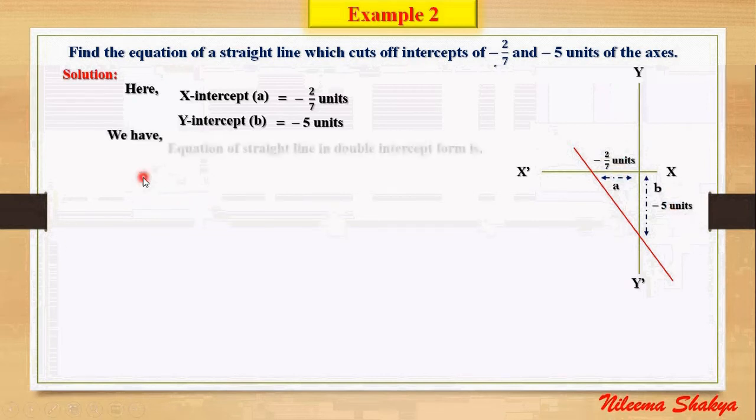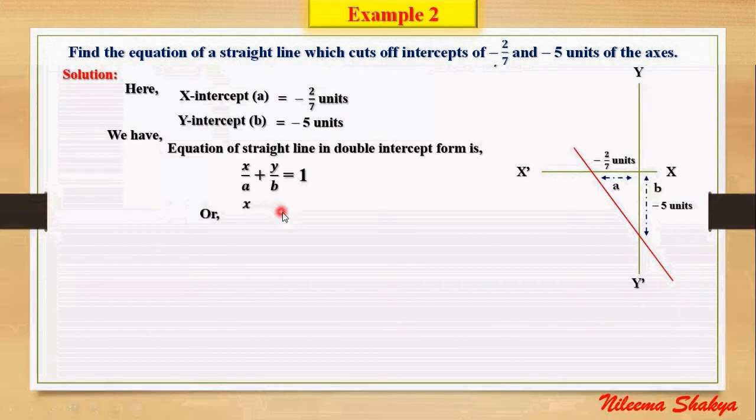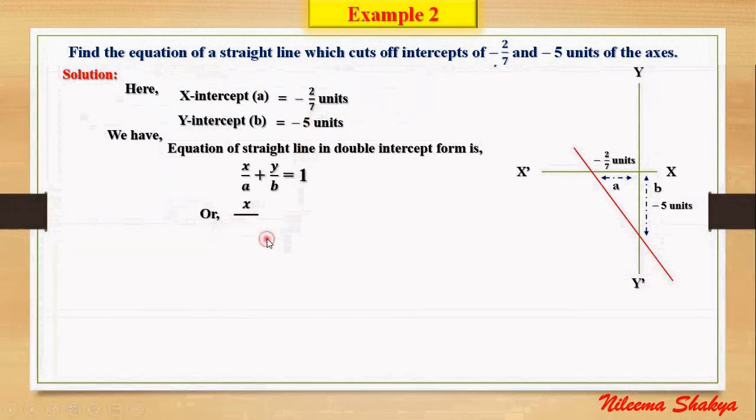Now we know the equation of the straight line in double intercept form, which is x by A plus y by B equals 1, which we have already derived in our previous video. Now let's substitute the values. x over the value of A, minus 2 by 7, plus y over the value of B, minus 5, equals 1.